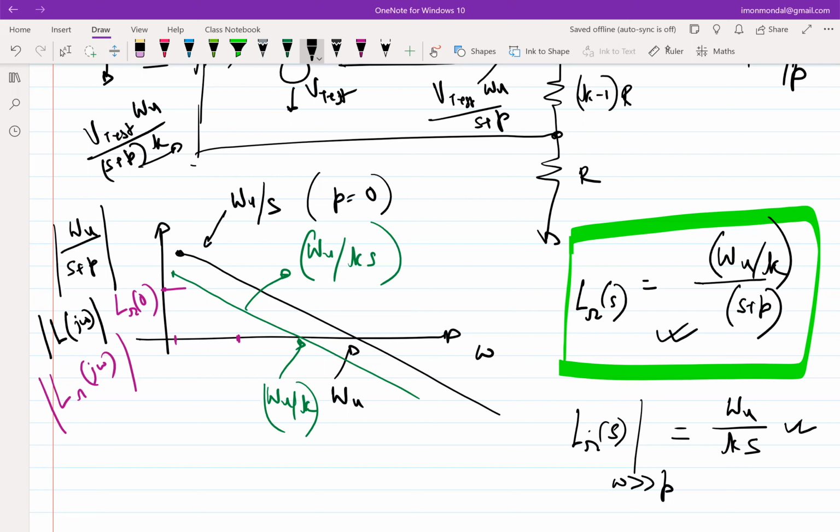Which essentially means that, wherever the pole P might be, and I'm assuming the pole P is before omega u over k, it will go flush on top of the ideal integrator plot. Make sense? So you have two straight line segments, and they can meet only directly on top. And this will be P.